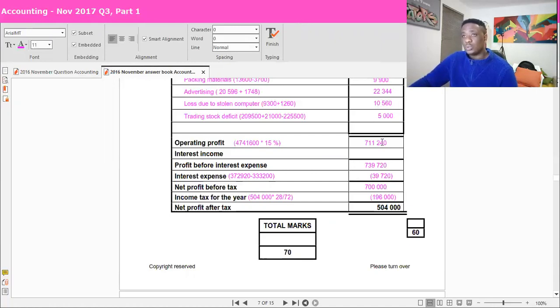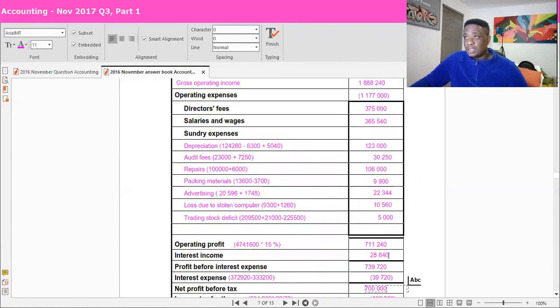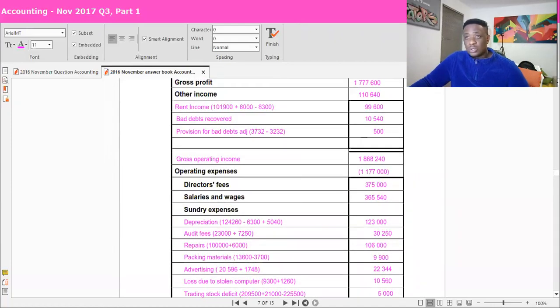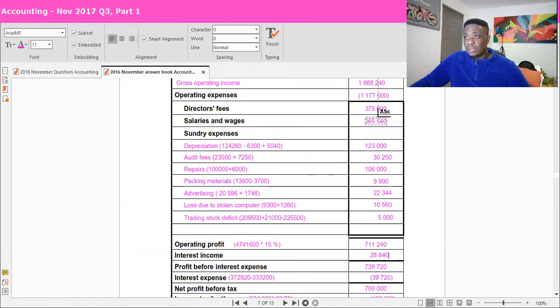And then what you would then need in this case would be to find the difference between 739 and 711, and that difference would be 28,840. And then that would give you your interest income, and in totality, that would also give you the entire income statement.